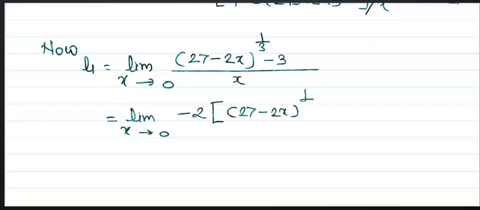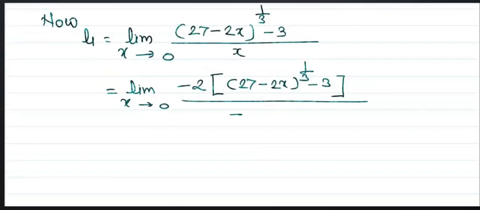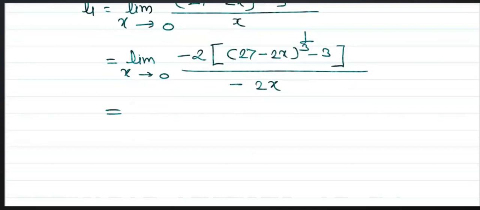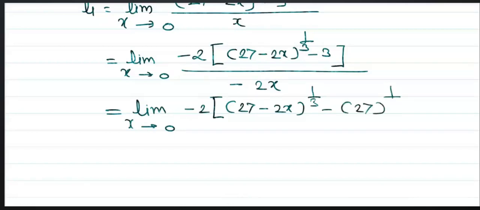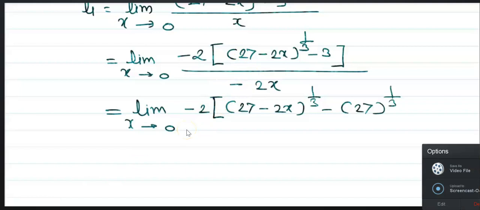Now see this, this is the important step: minus 2 times (27 minus 2x)^(1/3) minus, what is meant by this 3? 3 means what? 27 raised to 1 upon 3.